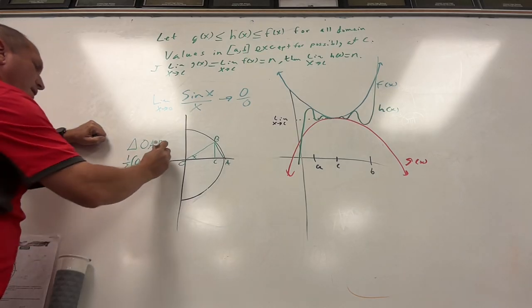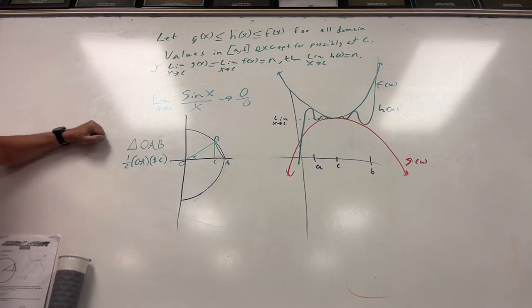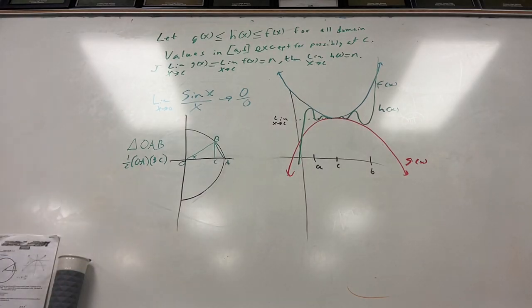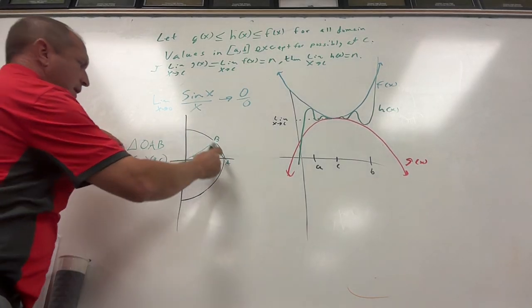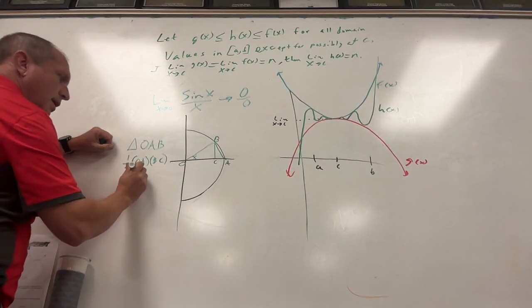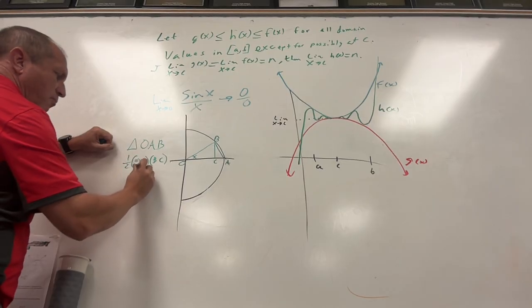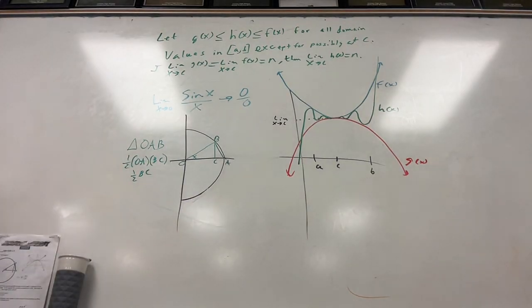All right. Now, what do we know about OA? Which is 1 in this case. So my area for triangle OAB on the unit circle would be 1/2 of BC. So just keep that thought for a minute.